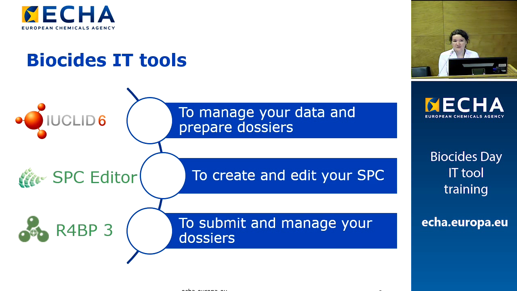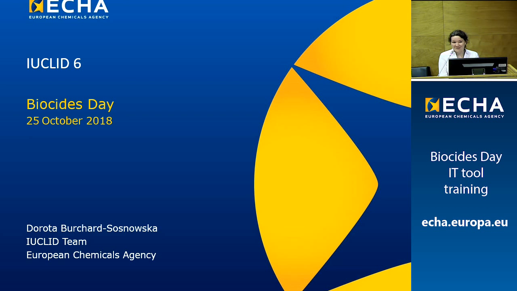Then SPC Editor, this is the tool to manage your summary of product characteristics. And finally R4BP3, which is the case management and submission tool. And today you will see those tools in the order that displayed here. So now I can start my own presentation on Euclid 6.